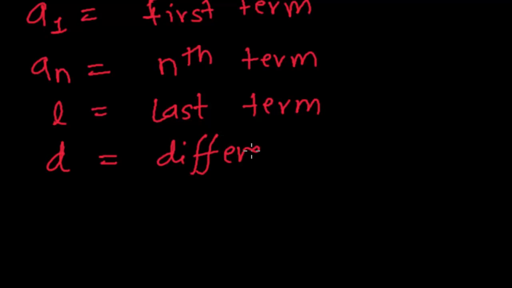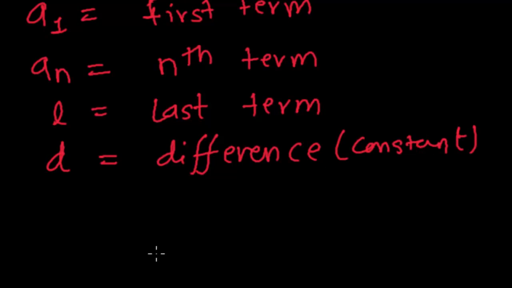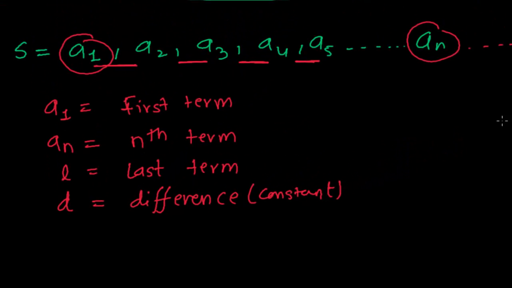It is also known as arithmetic difference. Sometimes we say arithmetic difference, so simply it's the difference, which is always constant in a particular arithmetic progression. So these are the notations that we use in this chapter, and we should know these all.